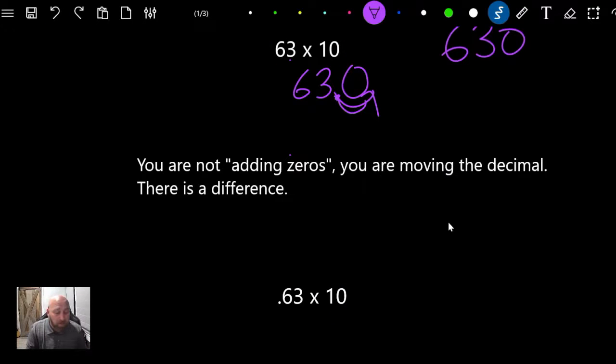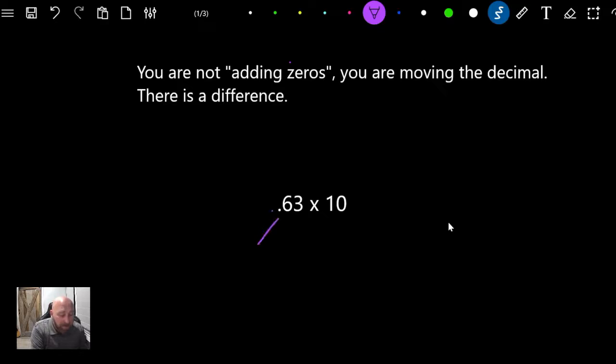Almost the exact same problem, but now I have a decimal point here. It's 0.63. So now what do we do? Do we just add a 0, so it's 0.630? Is that how we do it? That is not how we do it. We are not adding zeros, okay? We are moving the decimal.